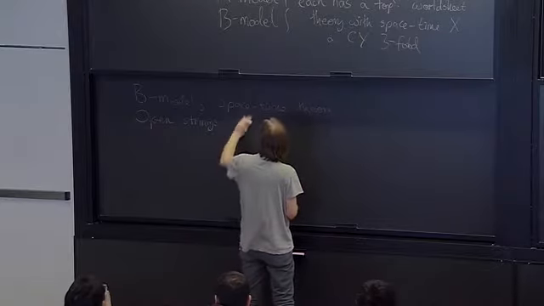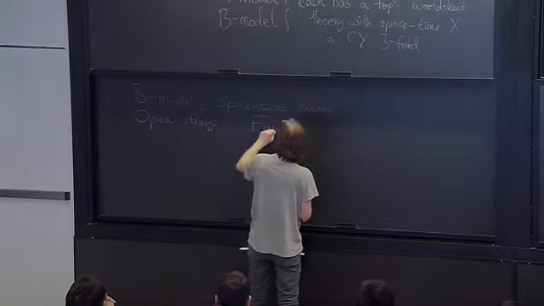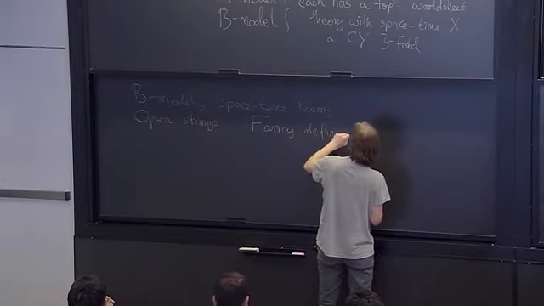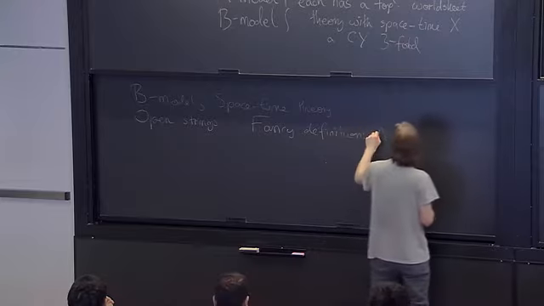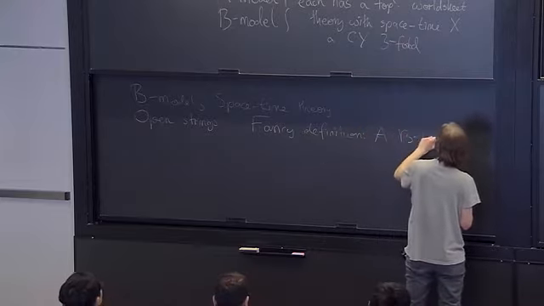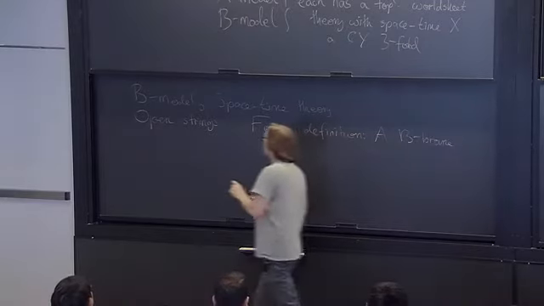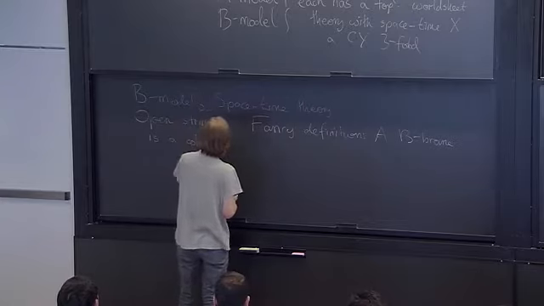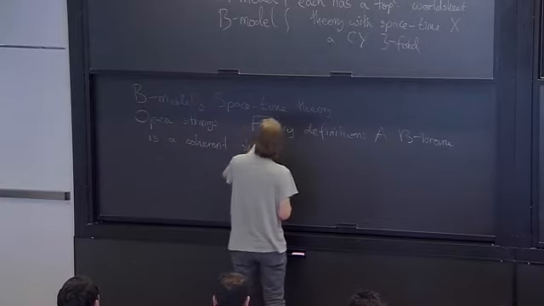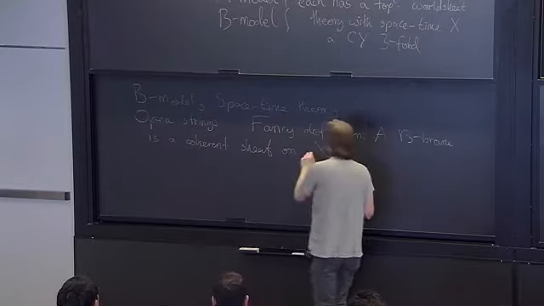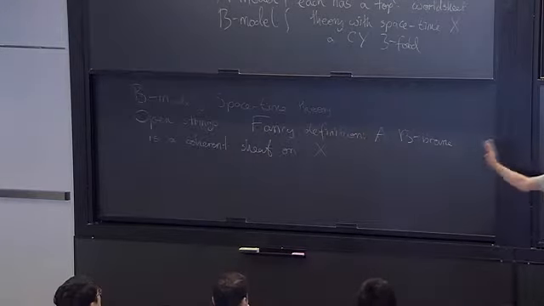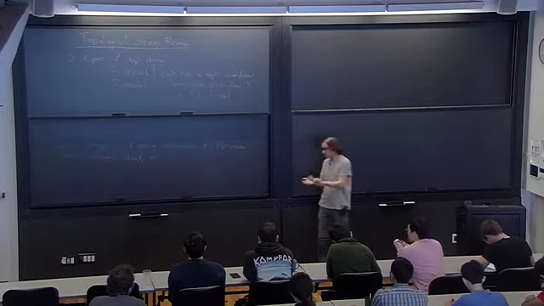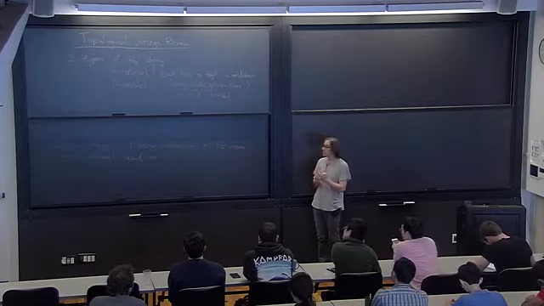The fancy definition: a B brane is a coherent sheaf on X. But actually, you don't particularly need to know what a coherent sheaf is, because the B branes you will ever really see concretely are pretty simple.